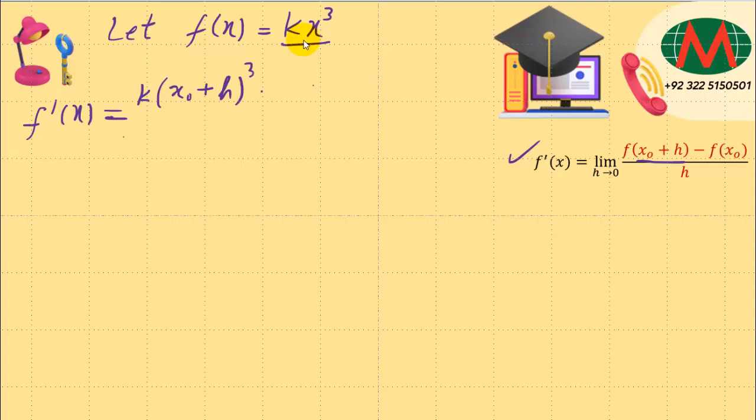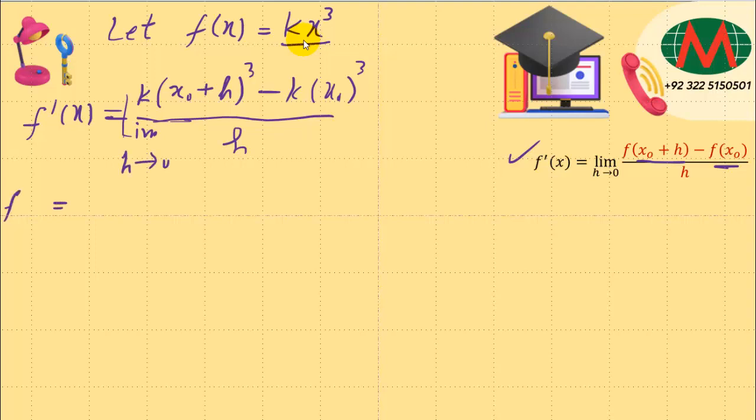So this cube, minus, then we put just x0 into x, k times x0 cube, because there is a cube in the function. And we forgot one thing, that we should put the limit as well here, limit h tends to 0.